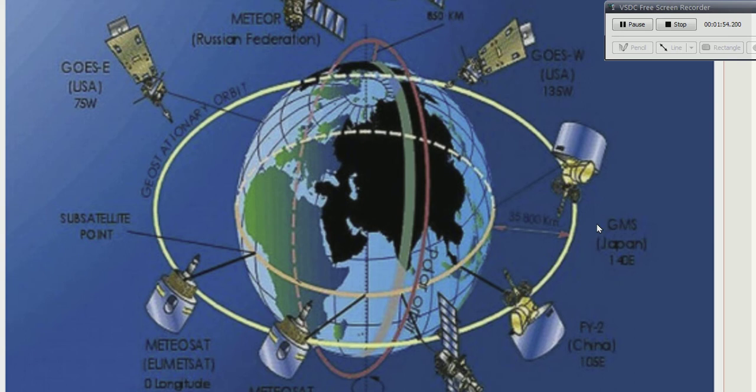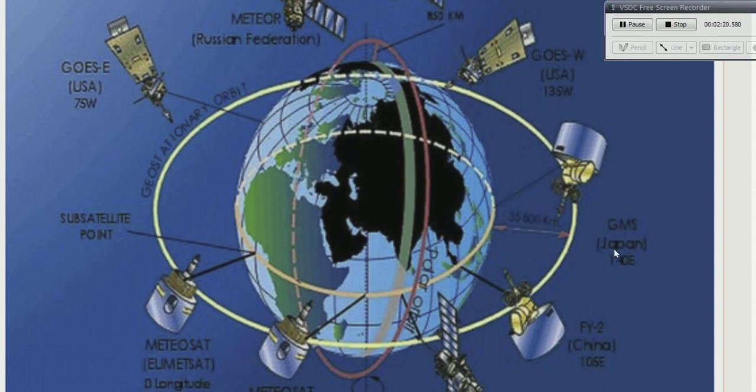Here I have shown you a few geostationary satellites, like Meteor from the Russian Federation, another for USA. India's geostationary satellite is probably not given here, but India also has geostationary satellites. This one was placed by Japan. So these are the geostationary satellites.